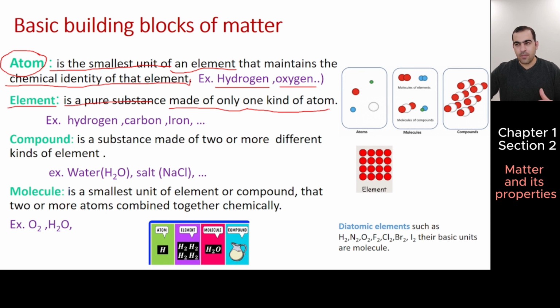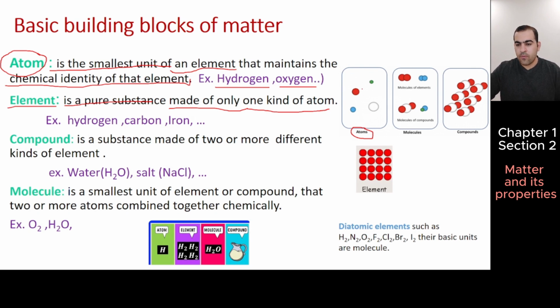So when a group of one kind of atom group together, we call them an element. Look at this picture. Atoms can be different. There are 118 types of atoms in nature.